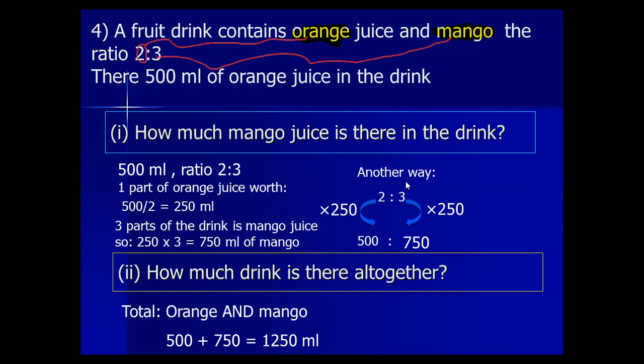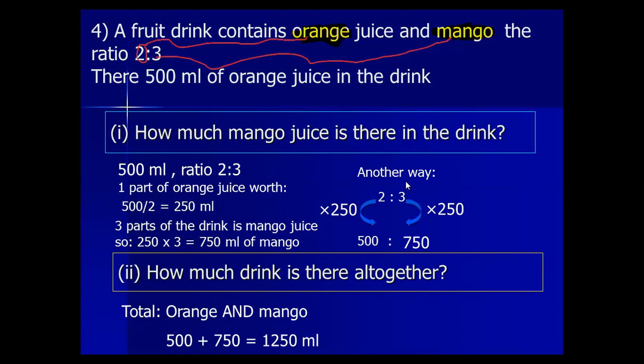Okay, the second way. The ratio is 2 to 3, which means 500 to something. How can you make 2 become 500? Multiply by 250. Right. So you multiply 2 by 250.